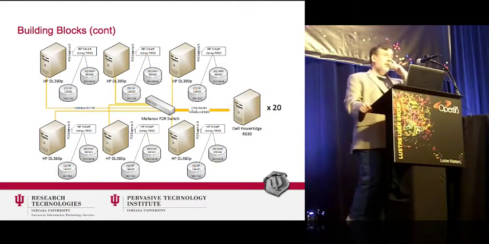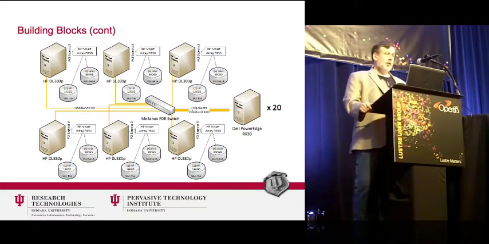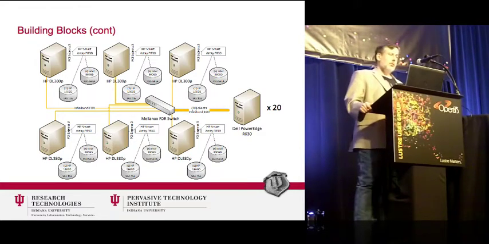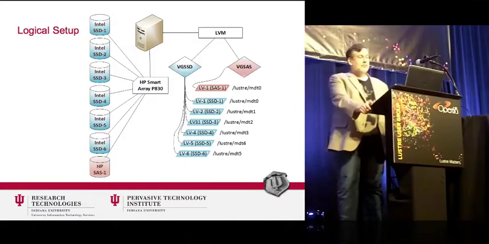In the maximal metadata configuration, on the right side we had 20 Dell PowerEdges. On the left-hand side we had each of these building blocks connected together into an FDR network.